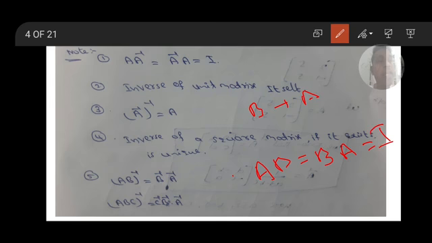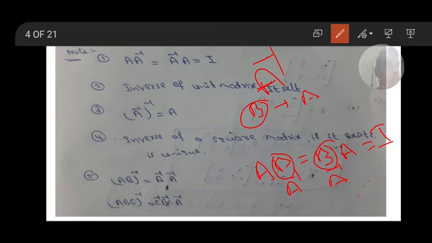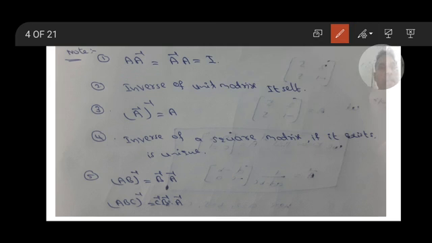B is denoted by A inverse. If you replace B by A inverse, A into A inverse equal to A inverse into A equal to I. That is the first note.